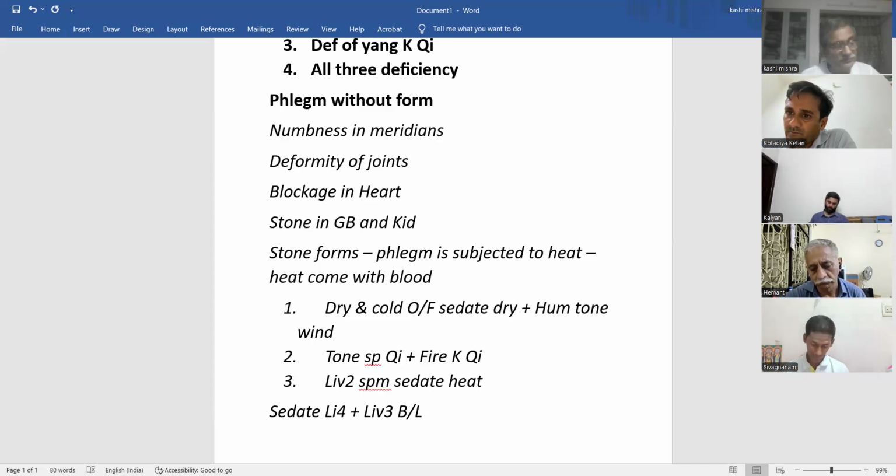Bilateral. Then you can do whatever you want. So first of all, because phlegm is there, phlegm is taken care of. First thing you should do, this is deformity.